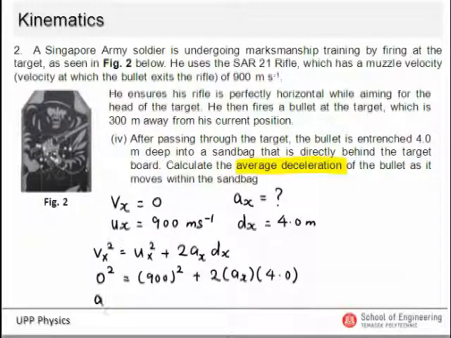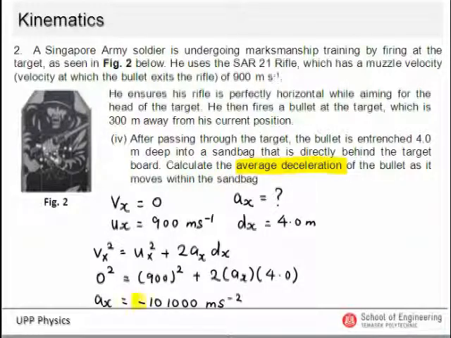Then upon calculating, the horizontal acceleration is very huge. It's rather a big magnitude. 101,000 meters per second squared is the average deceleration.